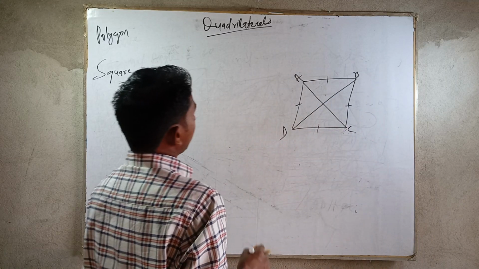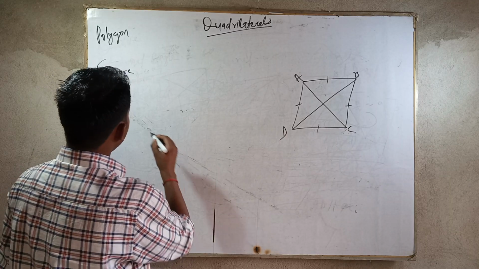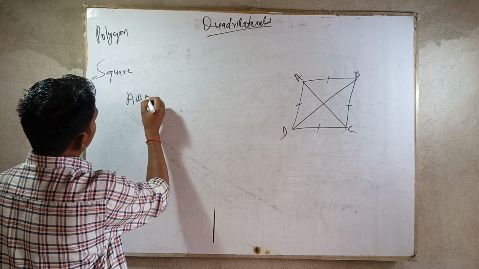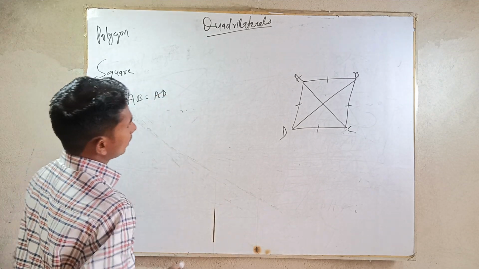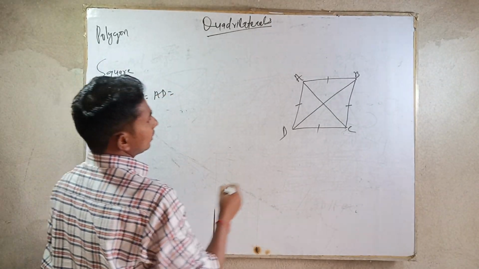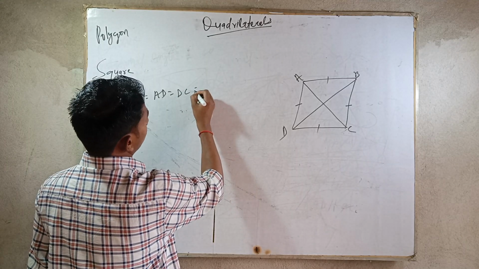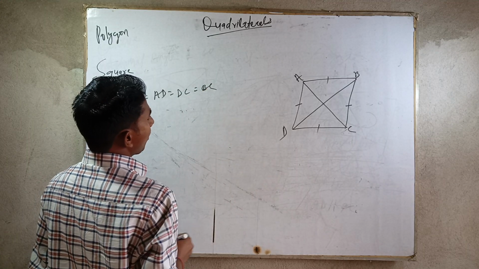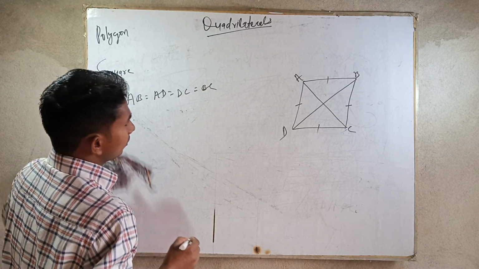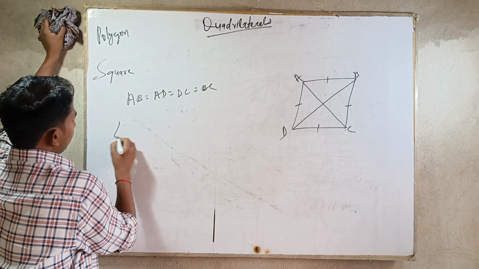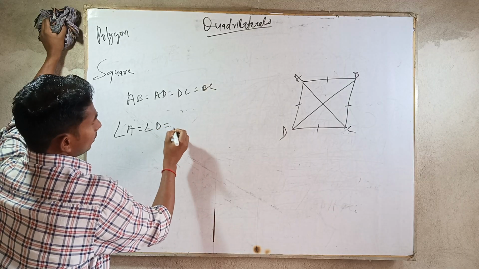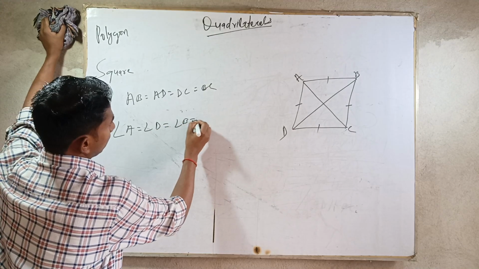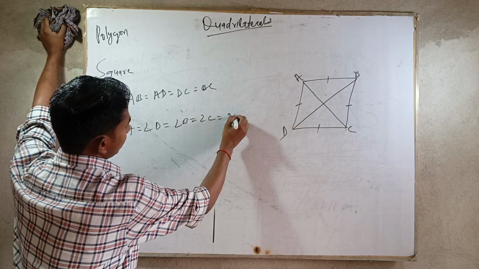So in a square, what I see is AB equal to AD and DC equal to BC, and every angle, angle A equal to angle D equal to angle B equal to angle C, is 90 degrees.